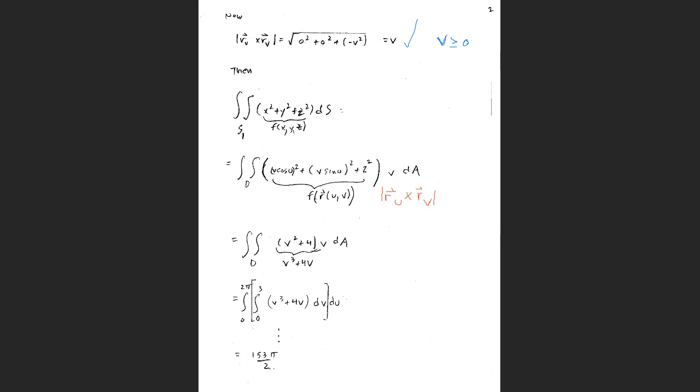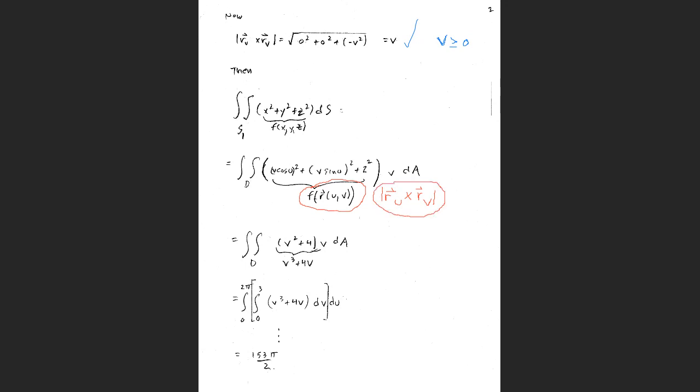I'm looking at formula 2, just before example 1 in your section 13.6. You're going to take the function, evaluate it at the vector r of u, v, and then multiply it by the length of the cross product of those derivative vectors.